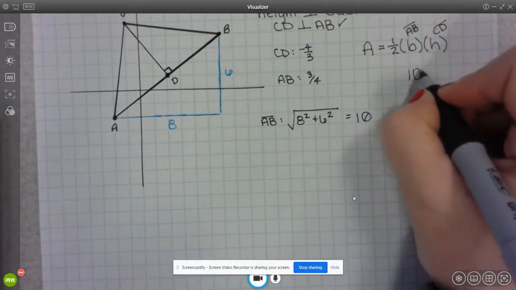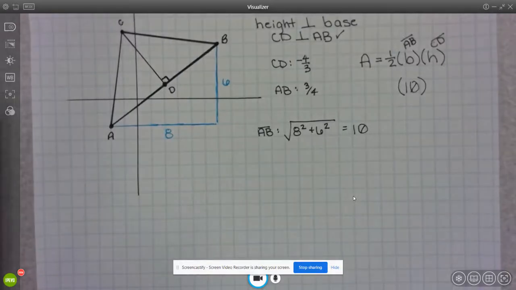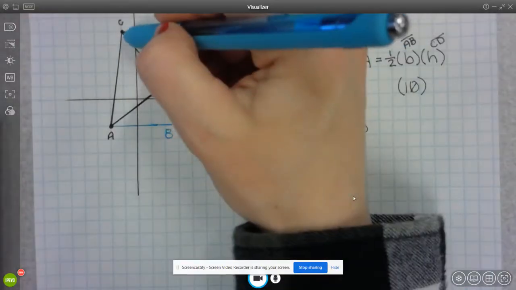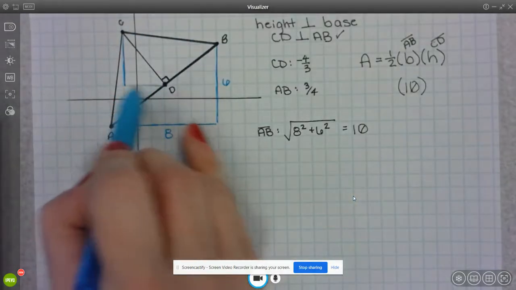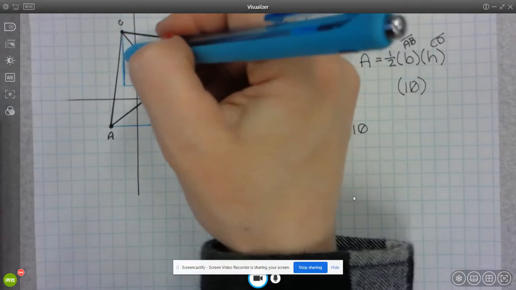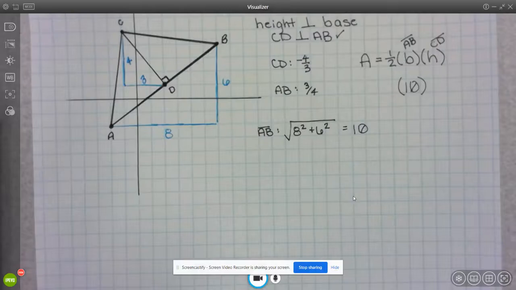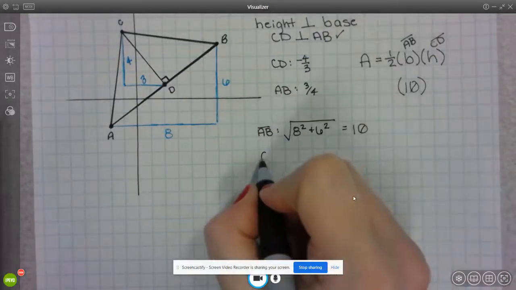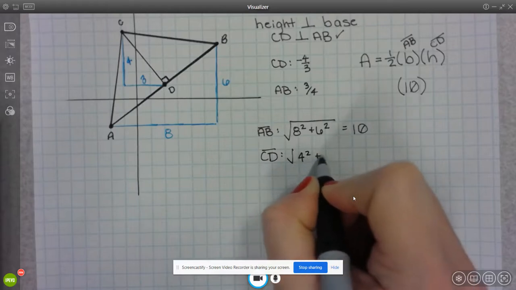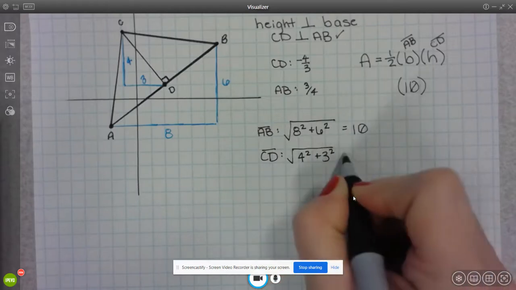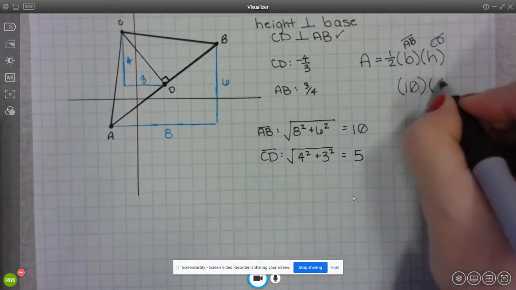So I know my base is 10. And now I'm going to do the same thing for CD. I'm going to make this triangle in here. So I have 1, 2, 3, 4 over 3. So for CD, I have the square root of 4 squared plus 3 squared, which we did previously on our rectangle. So I know that the height is 5.